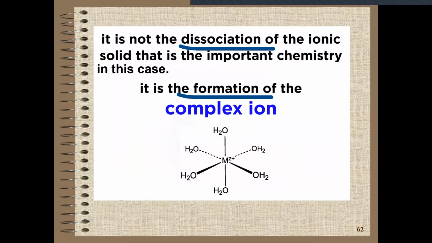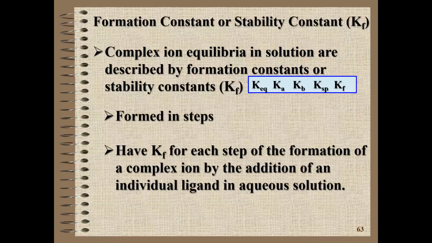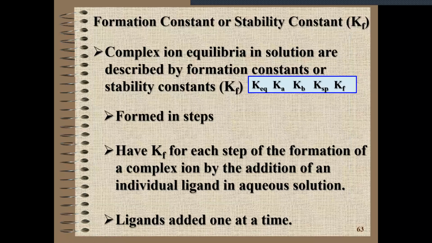Coordination numbers are easy. And just one other point from here is that it occurs in steps, so you add one ligand at a time. I'm not going to make a big deal about that. Okay, so those are the highlights from chapter 16.